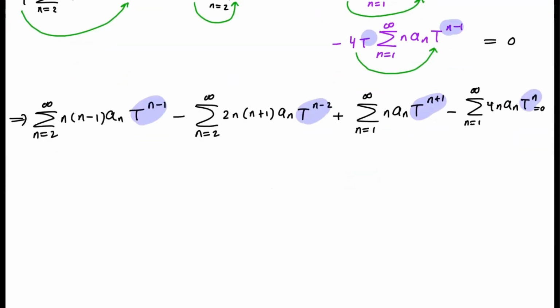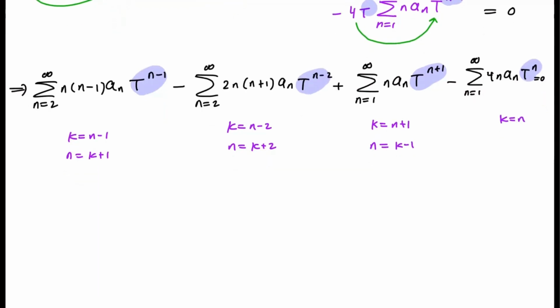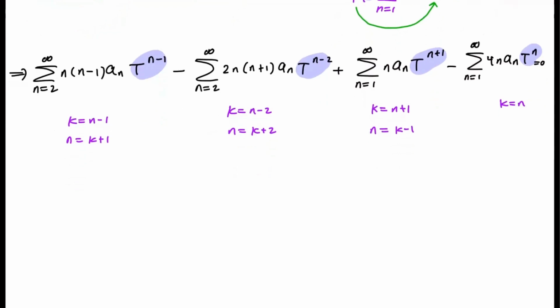So for the first one, I'm going to introduce, let's use k to replace n minus 1, which means n is going to be k plus 1. For the second summation, I'm going to use k equal to n minus 2, so n is equal to k plus 2. For the third sum, we're going to use k equal to n plus 1, which means n is k minus 1. And the last one, k is n. So we're just introducing a dummy variable, so all of our t contain the same power.